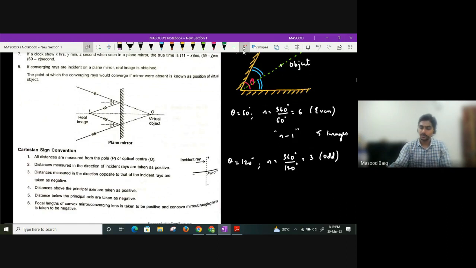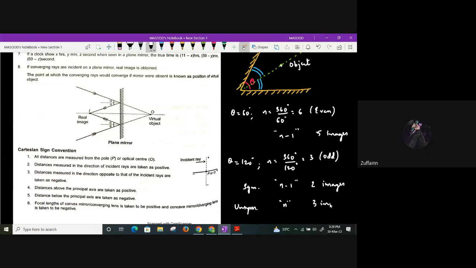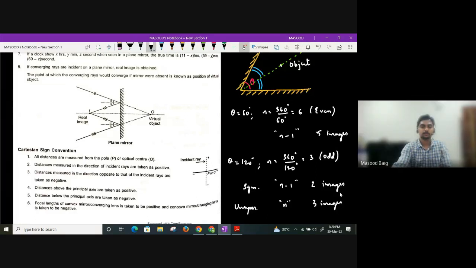When it is placed symmetrically, the number of images formed will be n minus 1. For unsymmetrical placement, the number of images formed will be n itself. So how many images for symmetrical placement? 2 images. And for unsymmetrical placement? 3 images. Is this clear?